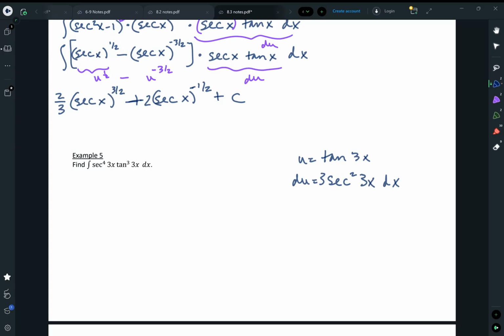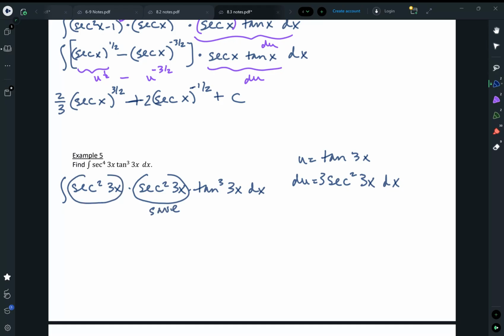Okay? So I have 4th power for secant. Let's make it a secant squared 3x, another secant squared 3x, and a tangent cubed 3x dx. One of these I'm going to save for my du, and one of them I'm going to change.